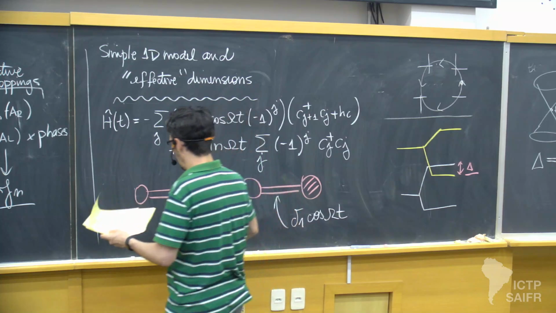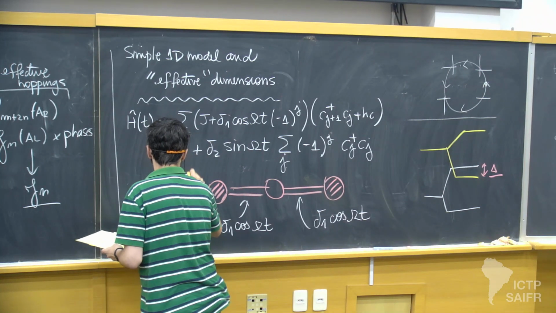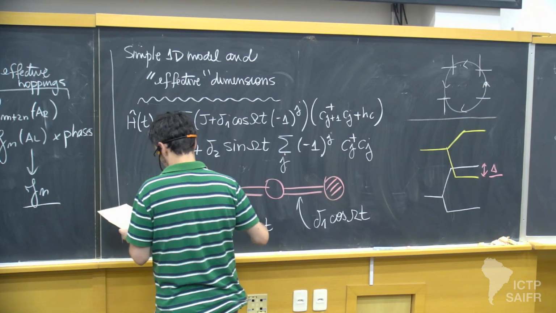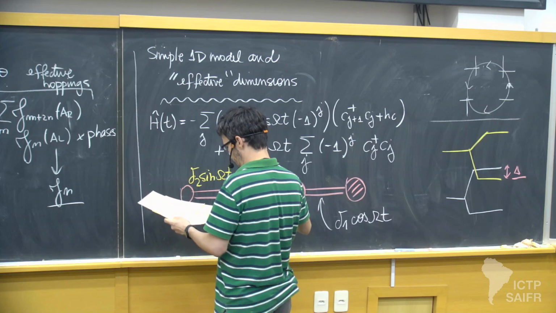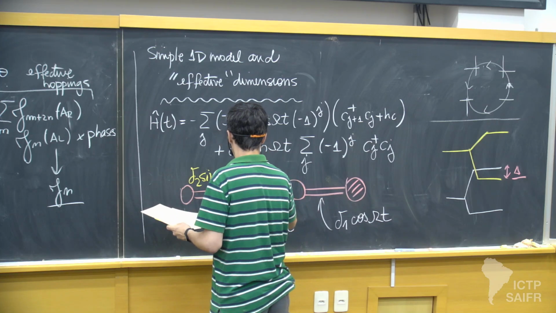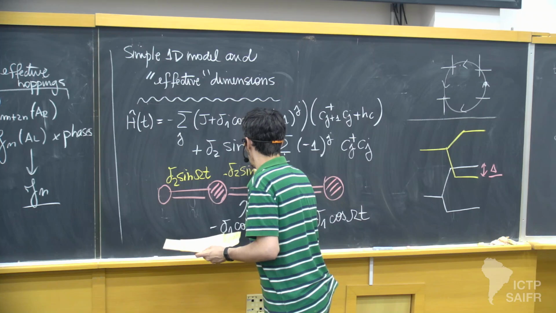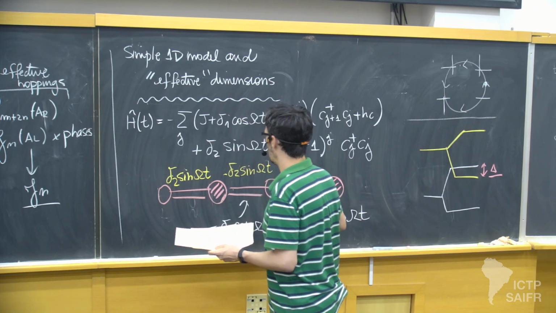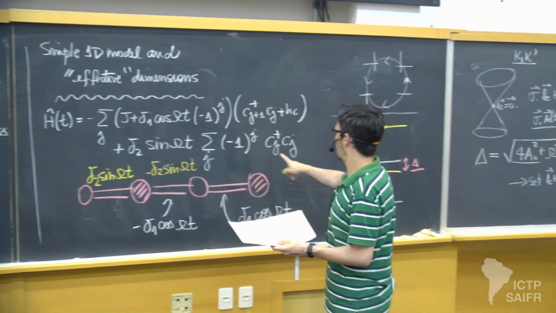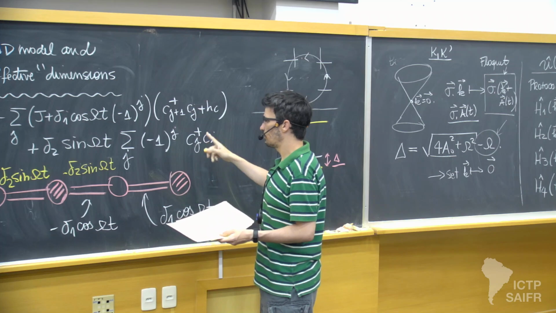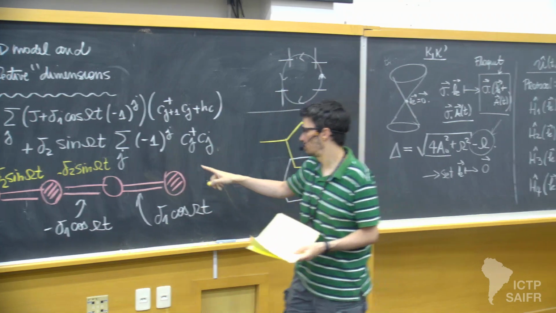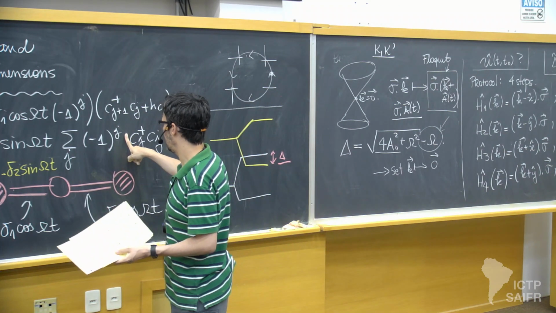All right, and this is delta 2 sine of omega t. And this is minus delta 2 sine of omega t. So you can think of this as an oscillating chemical potential of some sort, but it also changes sign.